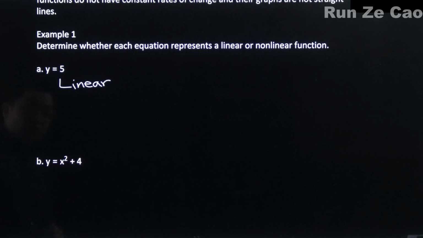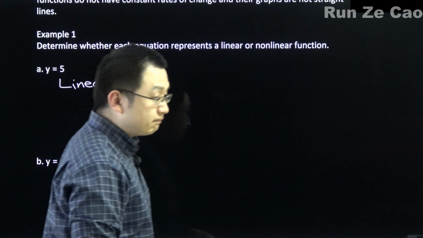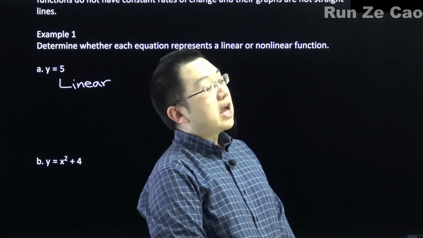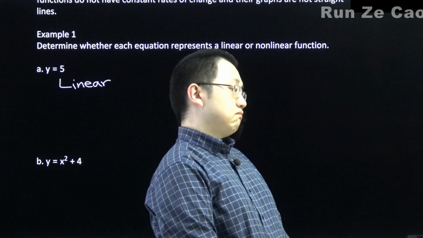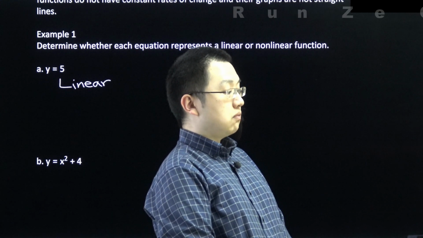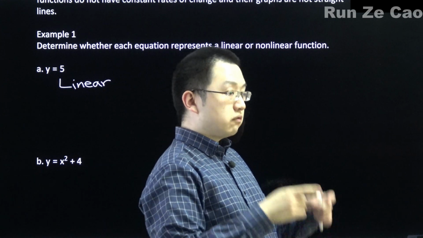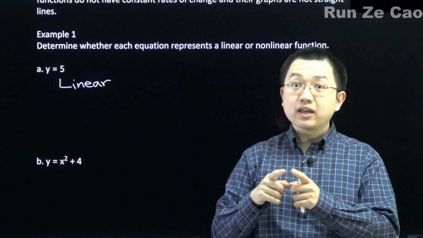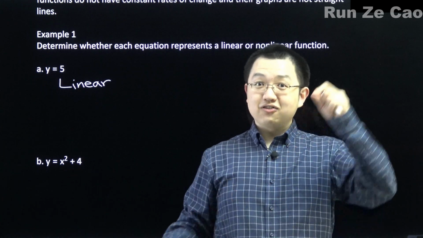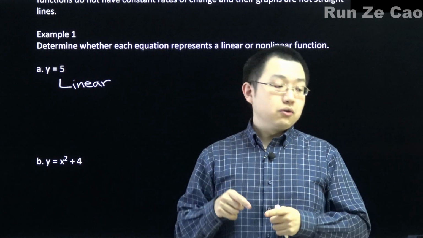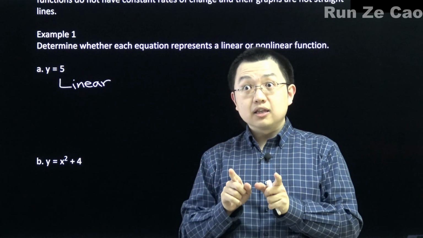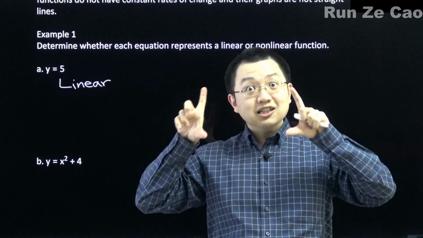So, y equals x squared plus 4. Well, what's the y value when x is equal to 0? Oh, it's 4. When x is equal to 1, or negative 1, it's 5. Oh, wait, we're already going up separate ways. It's already obviously not a straight line. Yeah. What happens when x equals 2? Oh, it's 8. Yeah, the rate of change is changing.